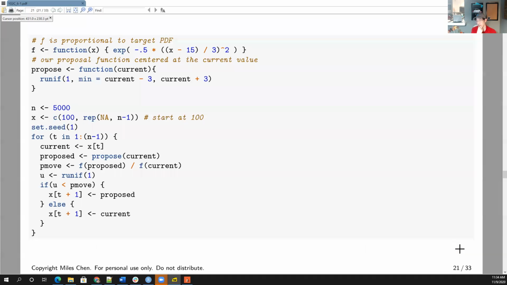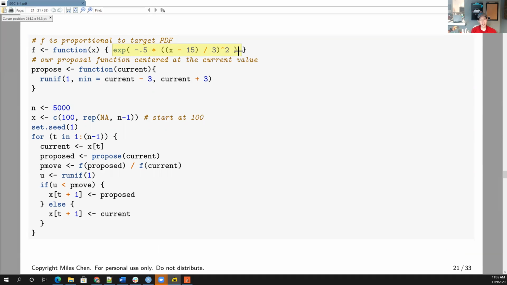Here's the code. f is a function that's proportional to the target PDF. If you recall, it's not easy generating random values from the normal distribution.